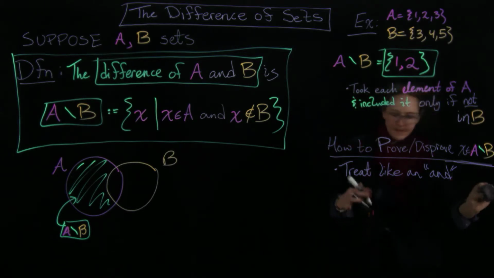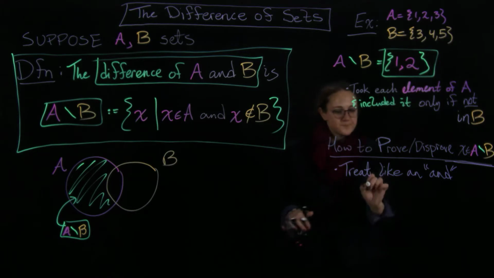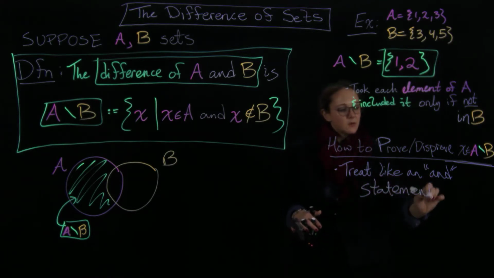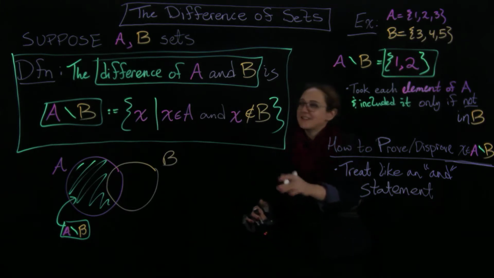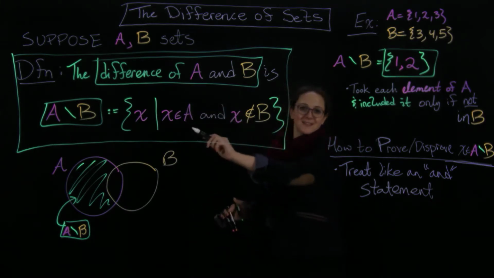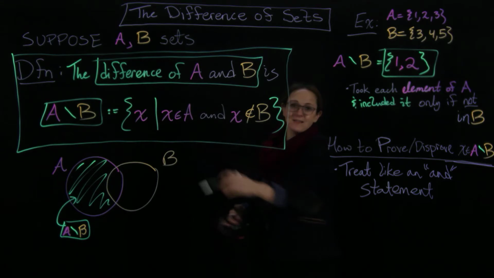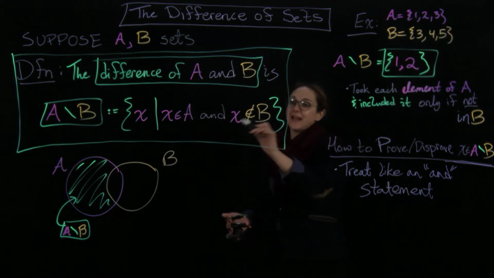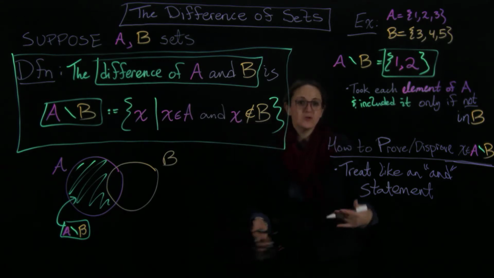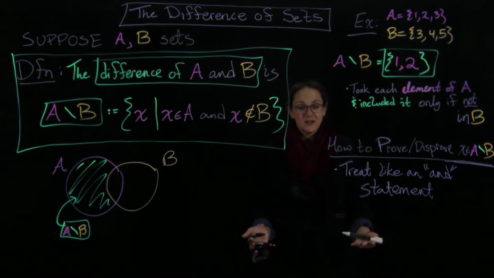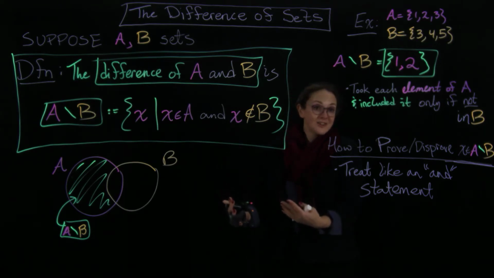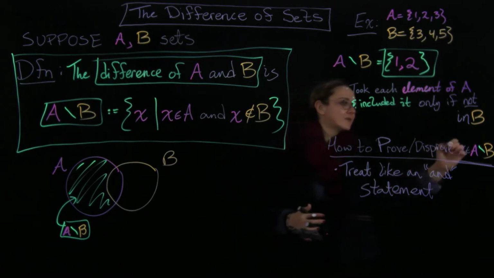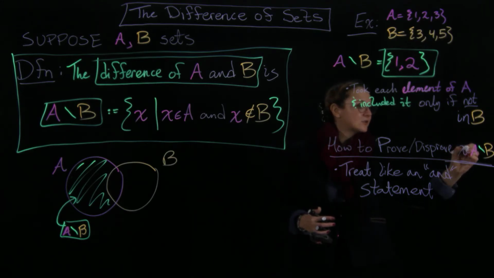And statement. What do we mean by an and statement? To be in this set, I have to satisfy both of these things. So I have to check, is x in A? I have to prove that. Then I have to prove that x is not in B. I have to prove that both of those are true if I want to show that it's true. If I want to show that it's not true, then what do I need to do?